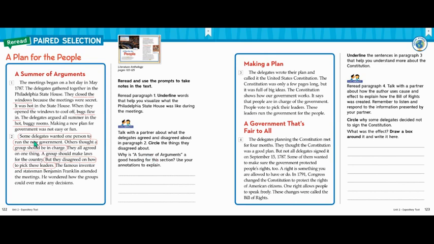Well, we have learned that delegates argued over how many people should run the government and how the leader should be chosen. So this is a good title because it's really about their arguments to find common ground for the government. So let's write that on this line.